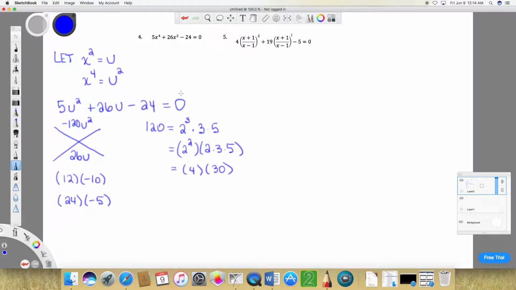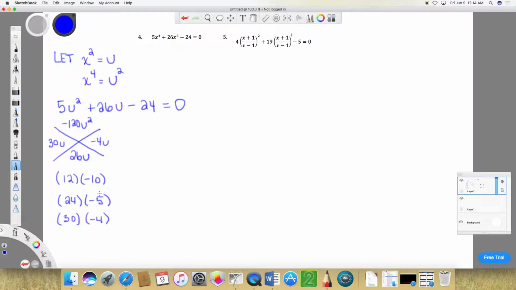Yeah, this is going to work. So let's make the 30 positive and the 4 negative. This is why they call it trial and error, because you do have to play around with the numbers in order to find the right pair that you need. Like I say, we needed two numbers that multiplied together to give us negative 120, but add together to give us 26. So I have found it in 30u times a negative 4u.